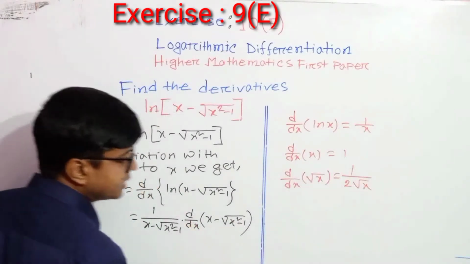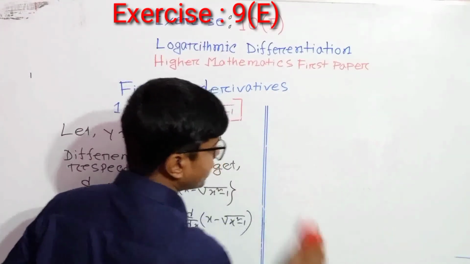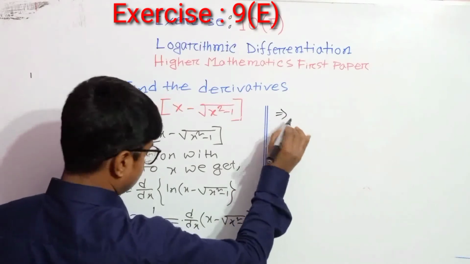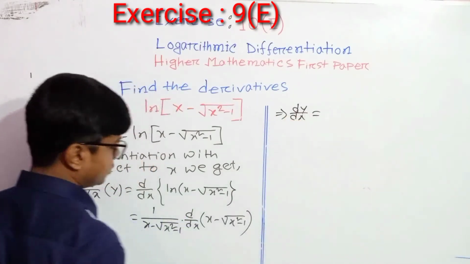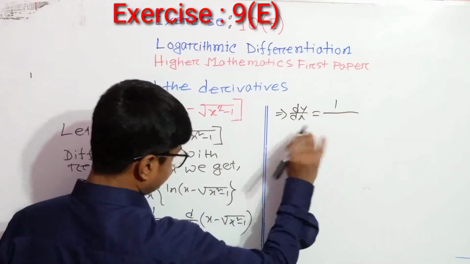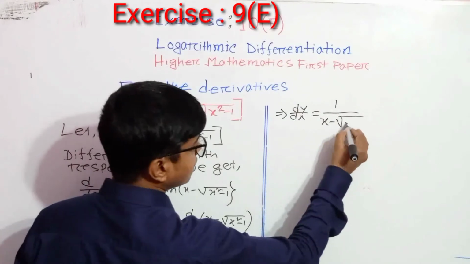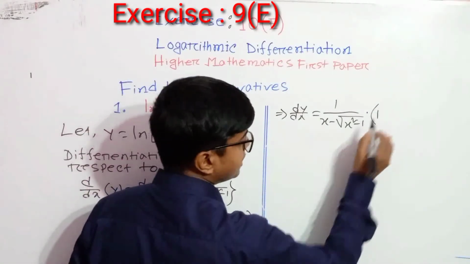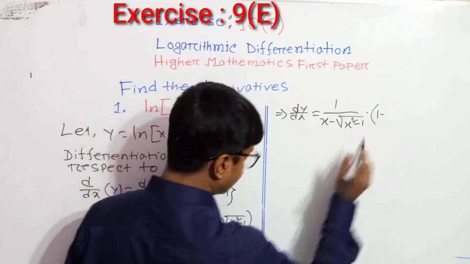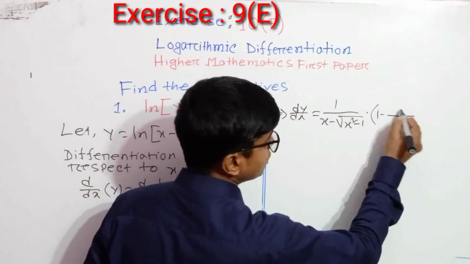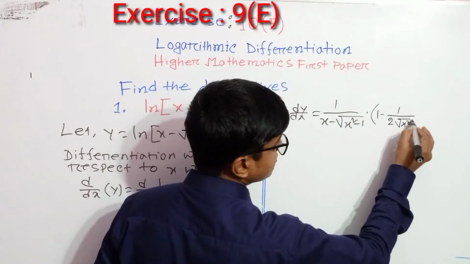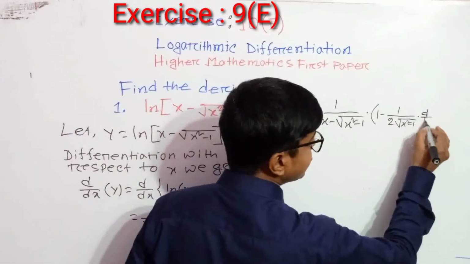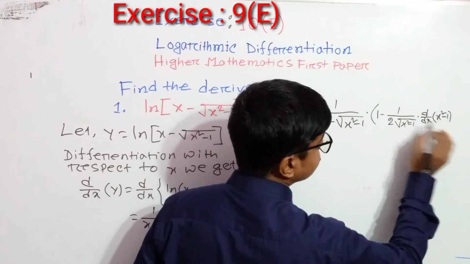For this reason we can write d/dx of x will be 1, and this part root over x square minus 1 will be 1 by 2 root over x square minus 1 into d/dx of x square minus 1.